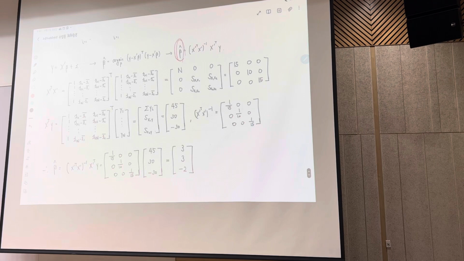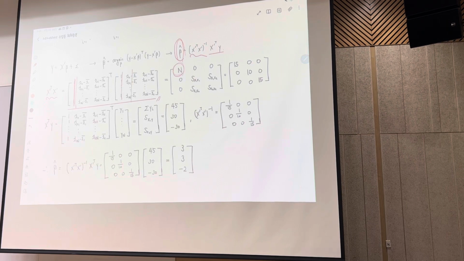Then let's calculate the beta hat. Beta hat is equal to x prime transpose x prime inverse x prime transpose y. And here x prime transpose x prime can be calculated like this. Then this one will be n.